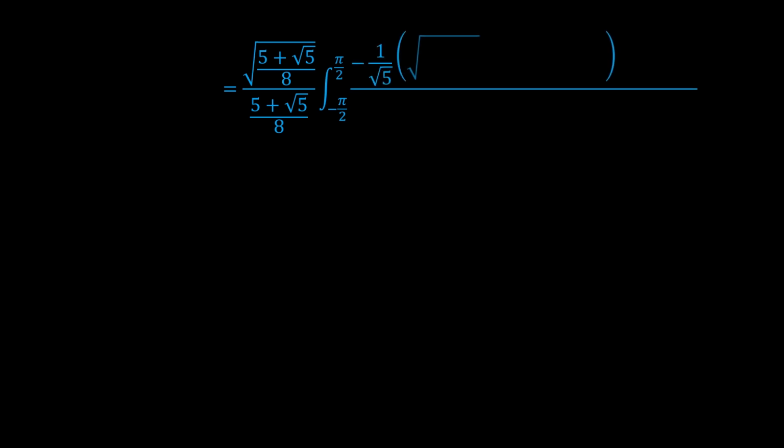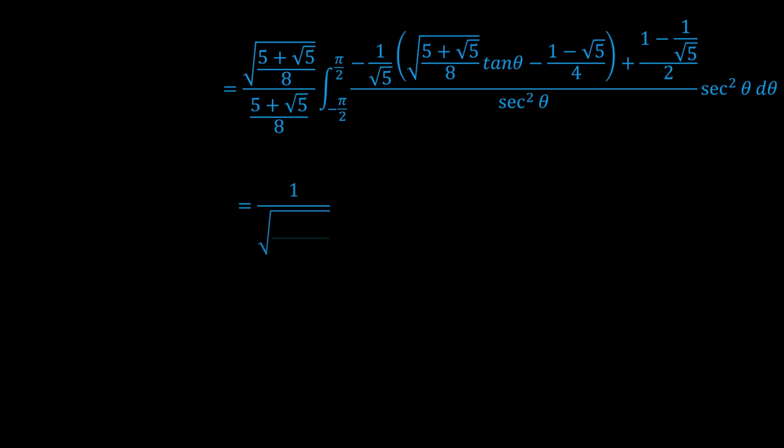This is the integral we got in our last step, but we're quickly going to see that the sec squared theta term in the denominator, as we said previously, is going to cancel out with that.